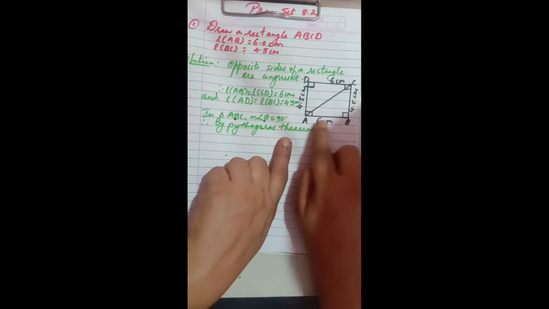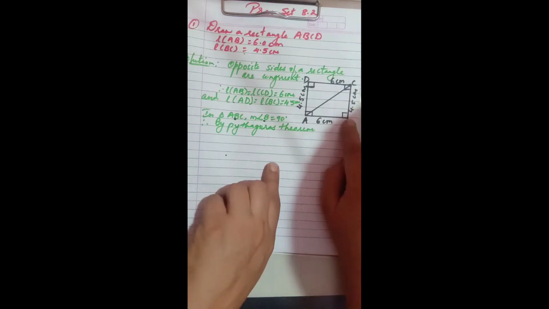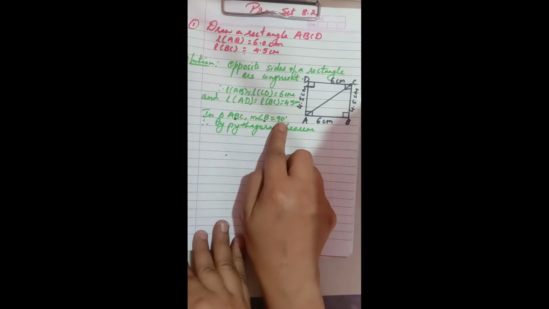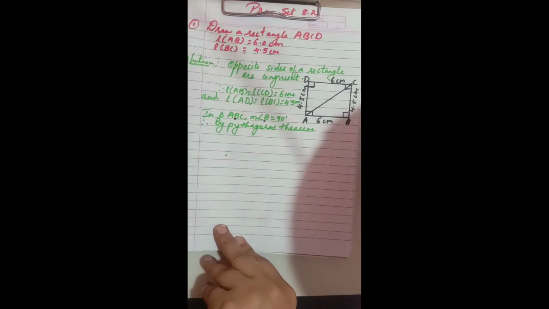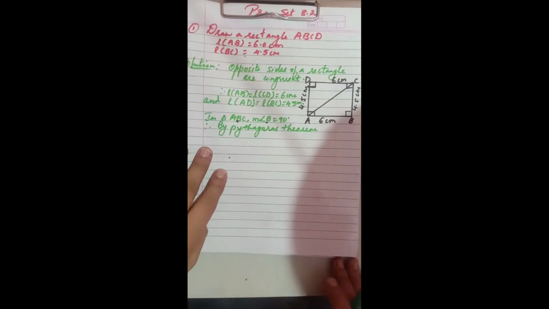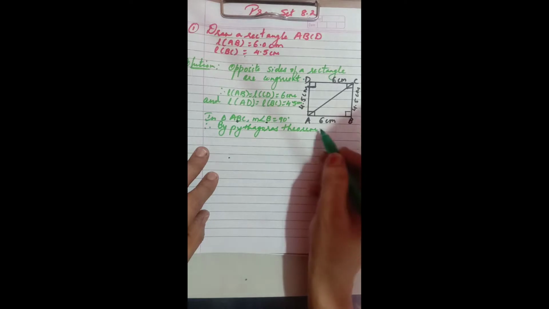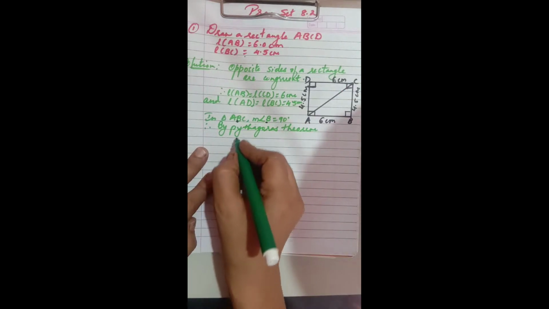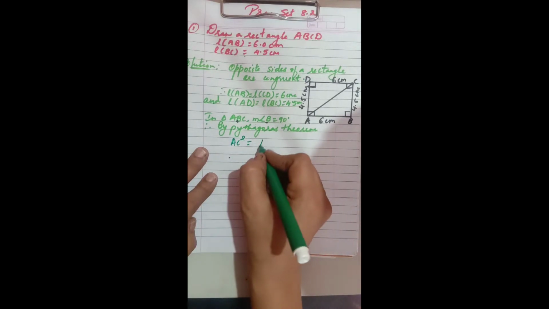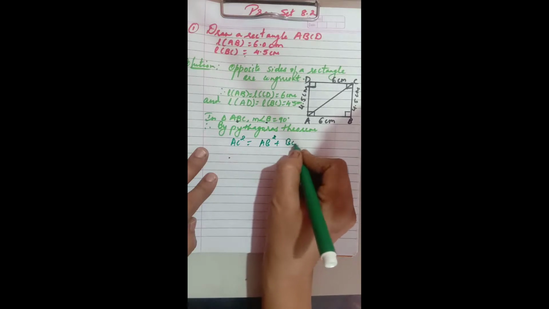Now in triangle ABC, angle B is equal to 90 degrees. Therefore by Pythagoras theorem, AC square is equal to AB square plus BC square.